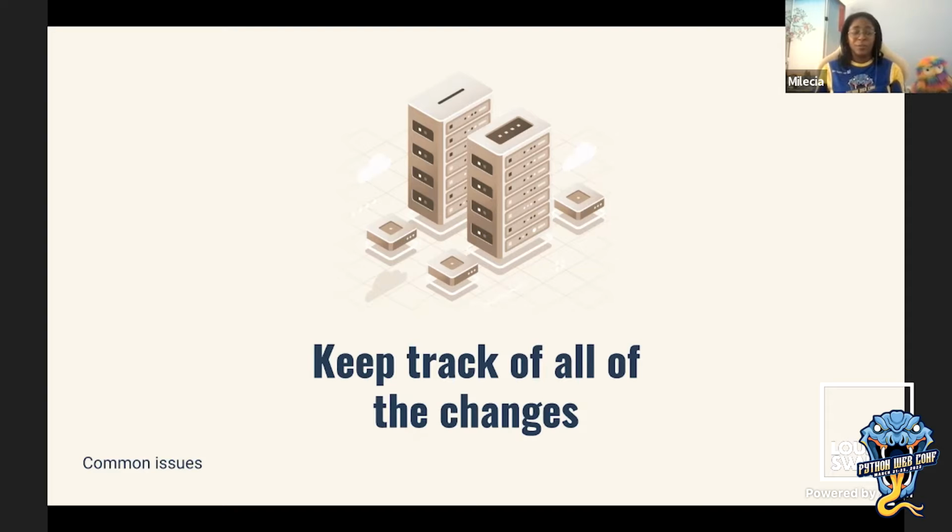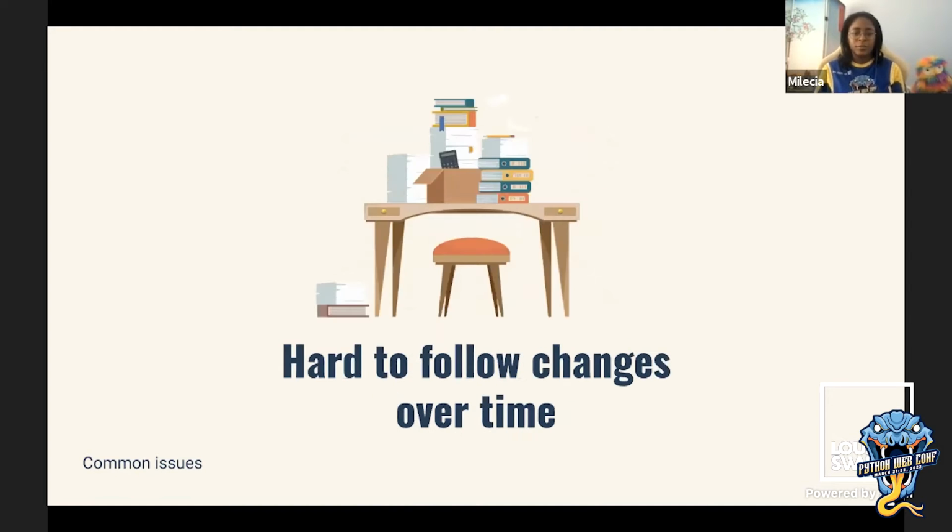And there have been people that try to use spreadsheets with links to different Google Drives that have different data sets and code and configs associated with them. If you're running hundreds of experiments a day, you can imagine how messy that's going to get really, really fast. Trying to keep track of all of those little changes you make for each experiment just gets super tedious and hard to manage.